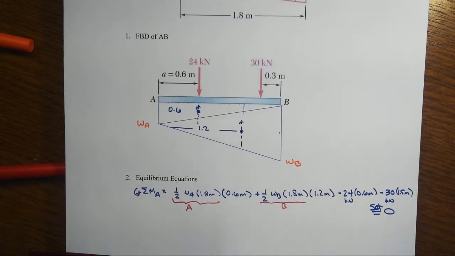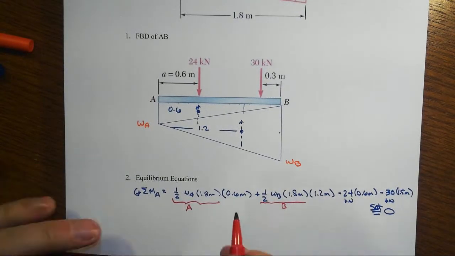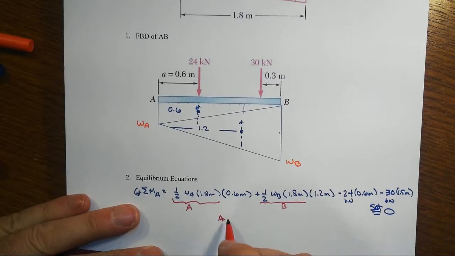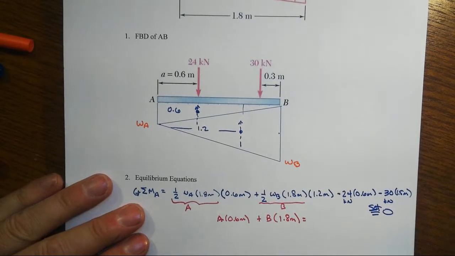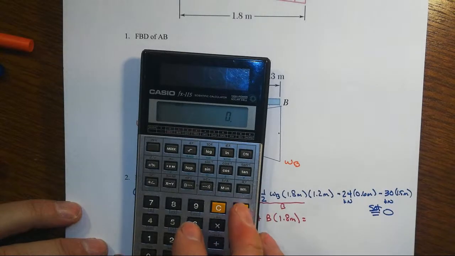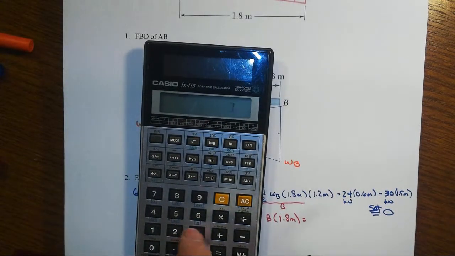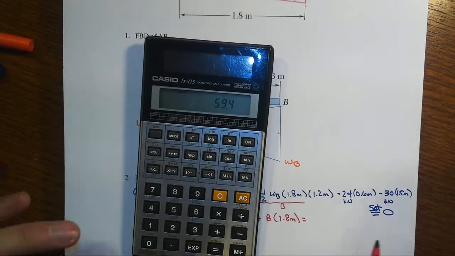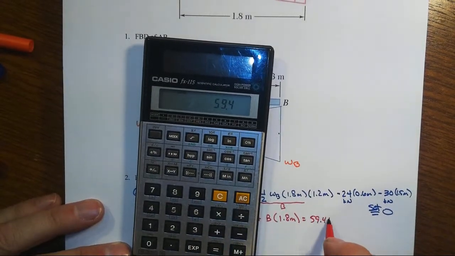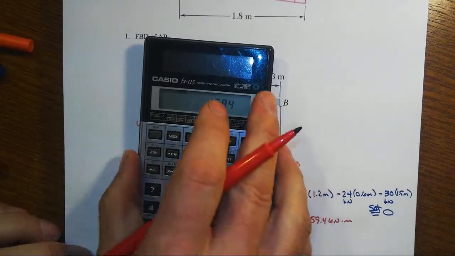Let's simplify that a little. We have A times 0.6 meters plus B times 1.8 meters equal to all this other stuff. The 30 times 1.5 is 45, plus the 24 times 0.6, that's 59.4 kilonewton meters.